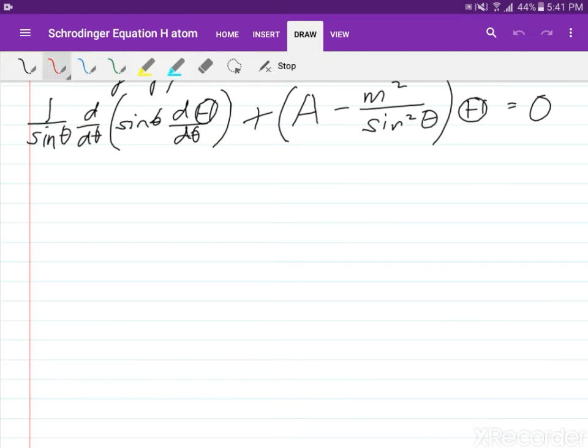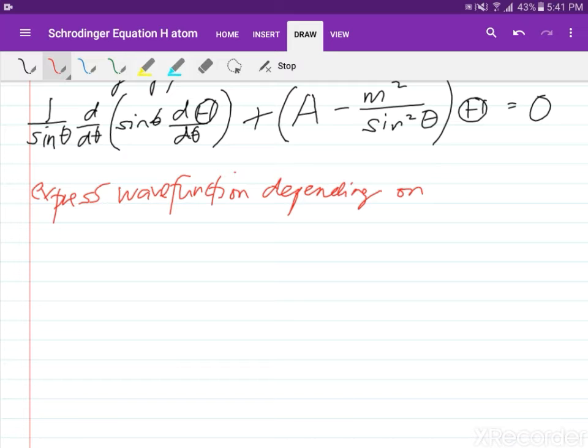Okay, now for reasons that we will be seeing later, we express the wave function as depending on cosine of theta rather than on theta.